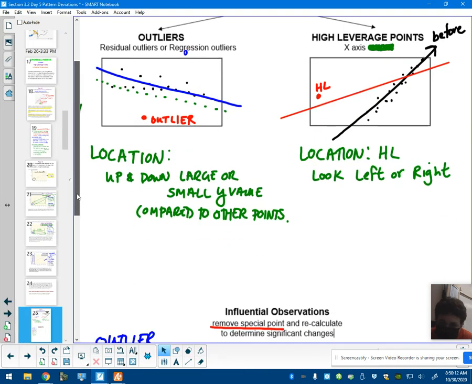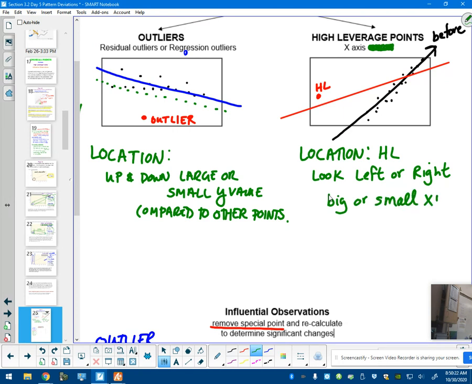There we go. Okay, so it has a big or small x value when compared to other points.